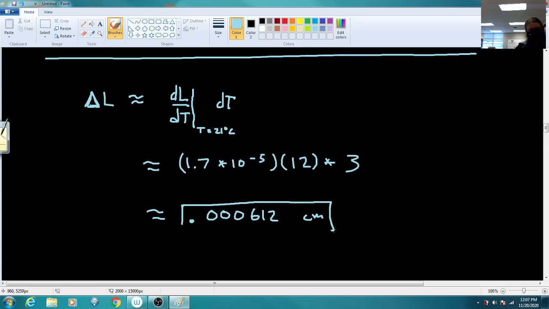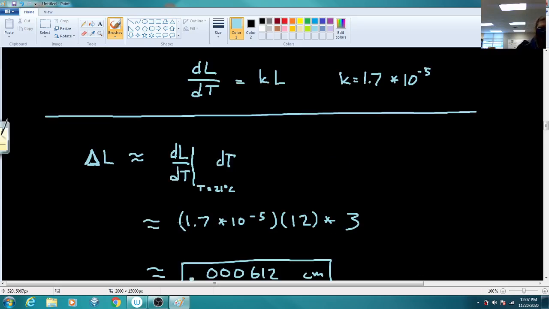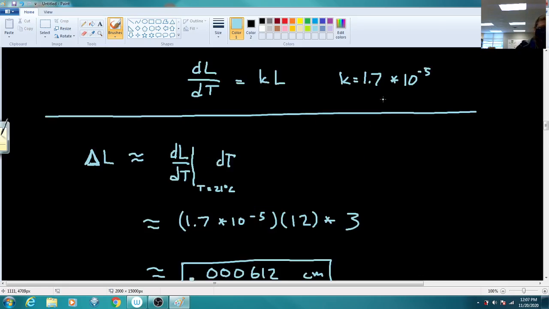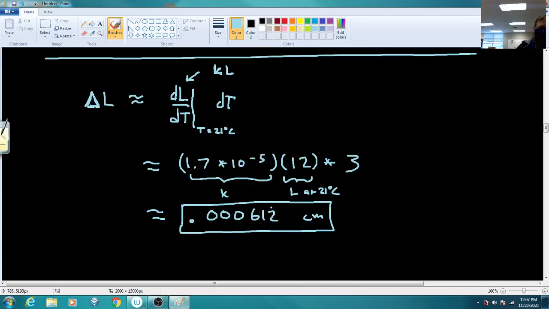Again, what we're doing, because this step's maybe a little confusing, the change in temperature was 3 units. They told us dl dt is K times L, so this right here is K times L. So this value here is the K. This value here, since we're looking at the change in temperature at 21 degrees, is the length at 21 degrees Celsius, which they told us in the problem statement was 12.